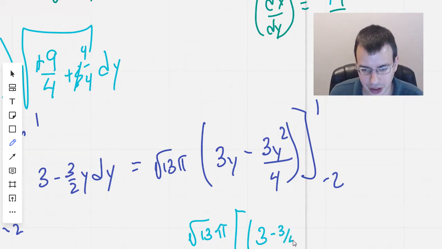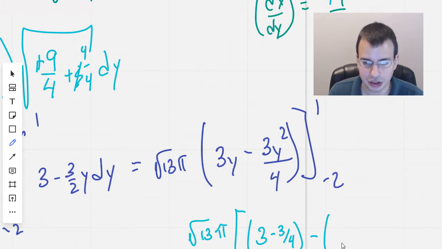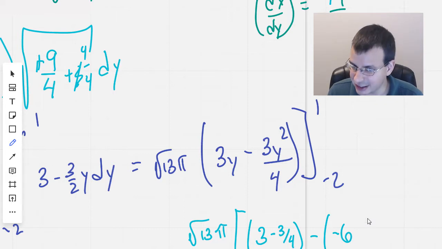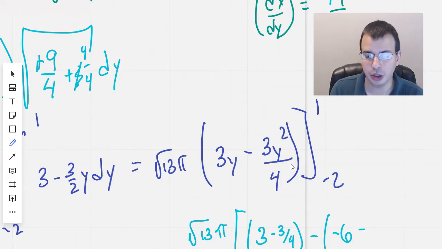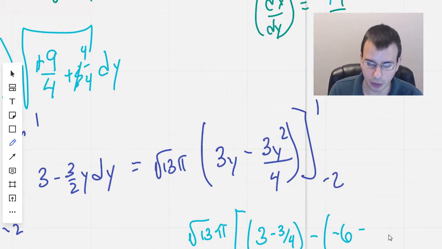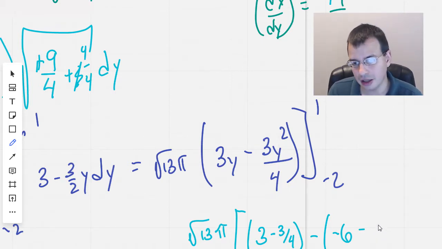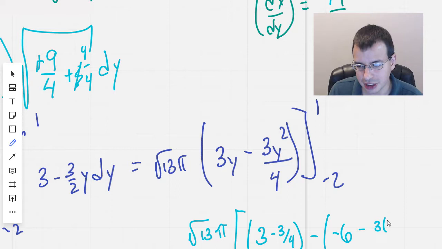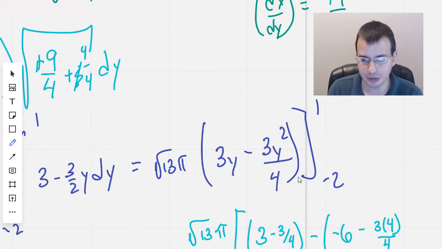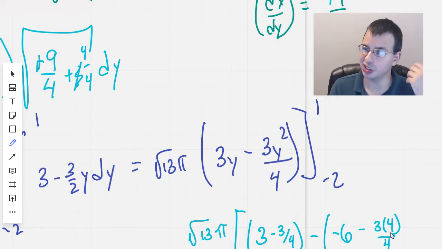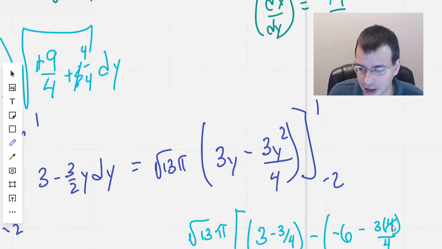Minus the quantity for the negative 2: 3 times negative 2 is negative 6, minus 3 times negative 2 squared, which is 3 times 4, so minus 3 times 4 over 4. The negative disappears because we squared a negative. So we got negative 6.